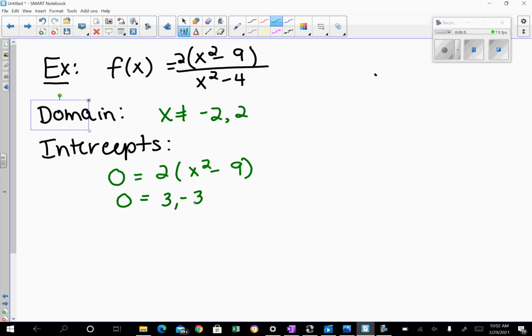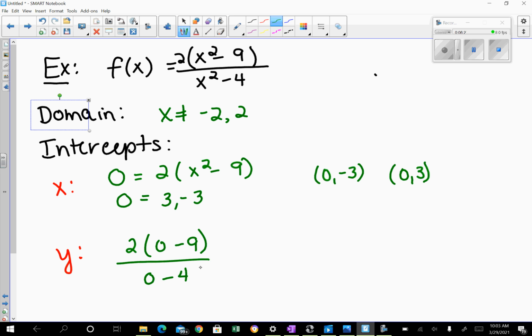So our x-intercepts are (-3, 0) and (3, 0). For the y-intercept, we find it by plugging in 0 for x. So we get 9 over 4.